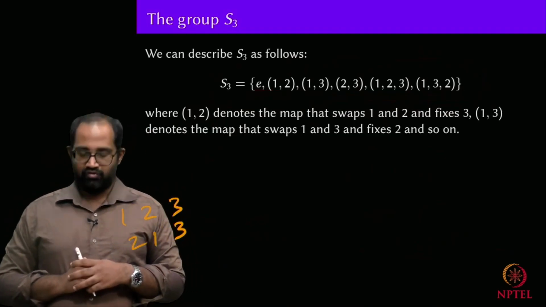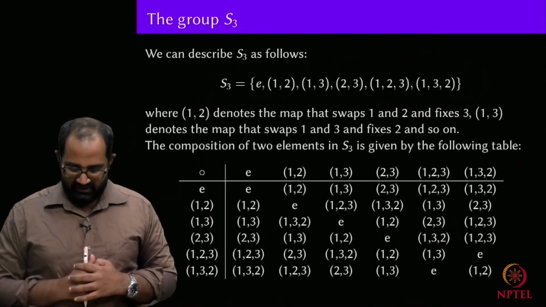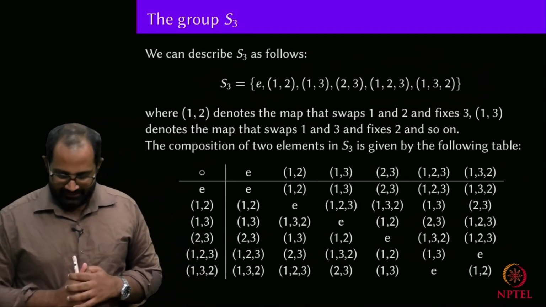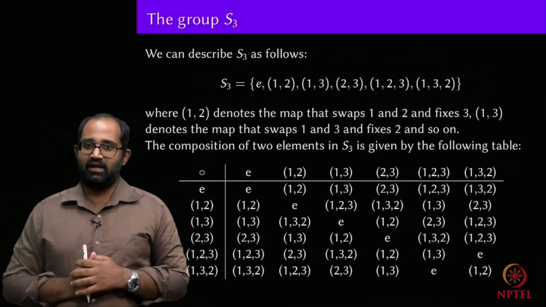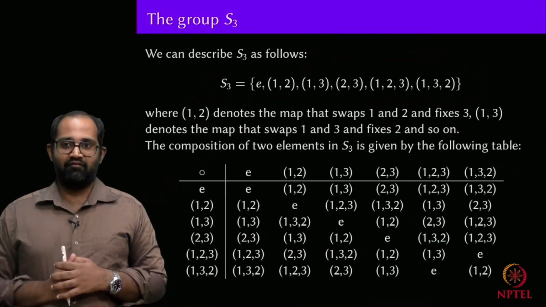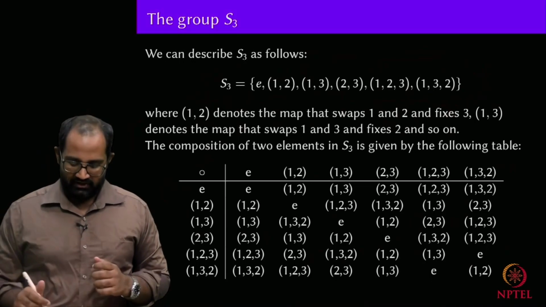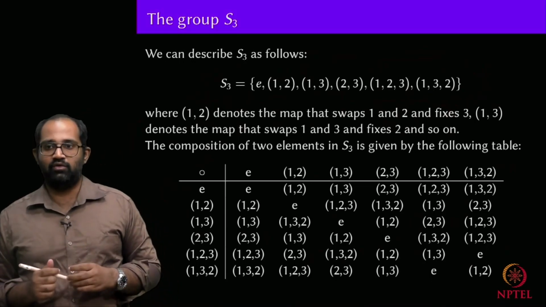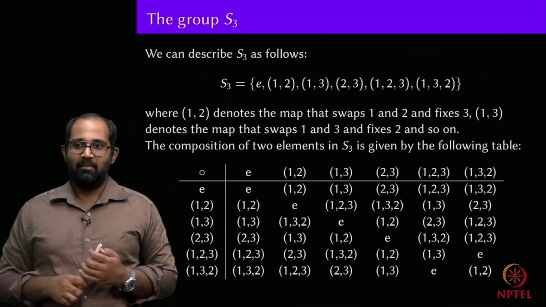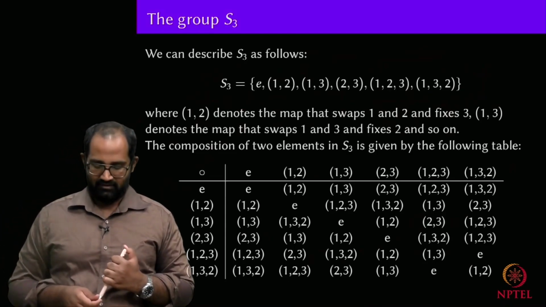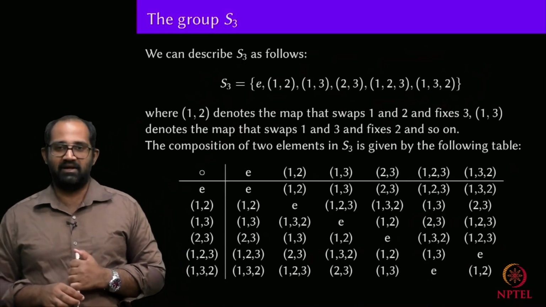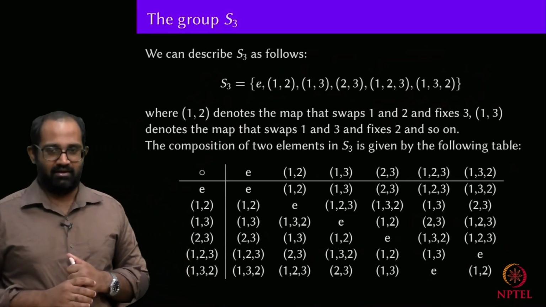Now, what I am going to show you is the multiplication table on this group S3. You should sit down and think, did I really work out every possible combination to get this multiplication table? Of course not, I used some sort of AI to do it for me, but you should think, is this table correct, or have I intentionally sprinkled some errors in this table?